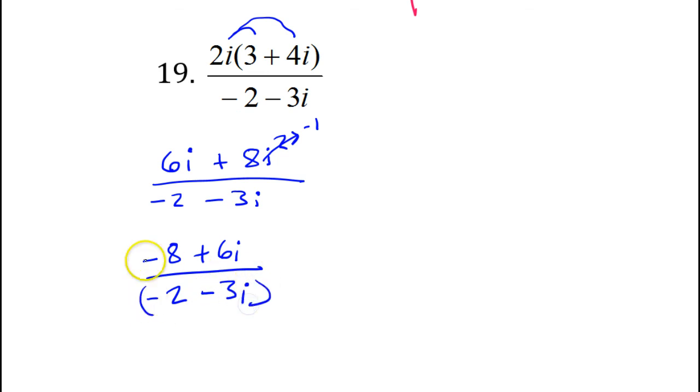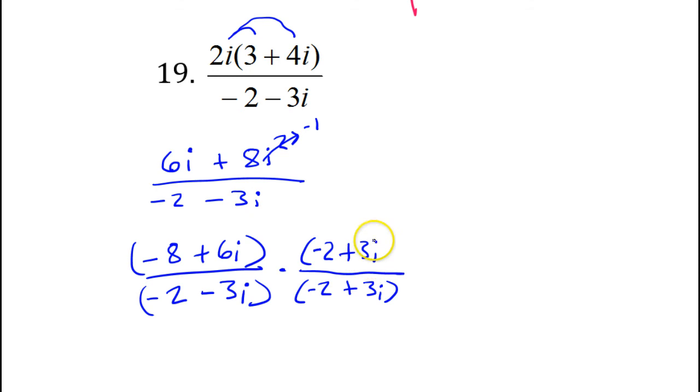Now I will multiply by the conjugate. The conjugate here is negative 2 plus 3i. Notice that the negative 2 does not change. So in the numerator also negative 2 plus 3i. If I double distribute in the numerator and the denominator, if I distribute the 8, I will have 16 minus 24i.